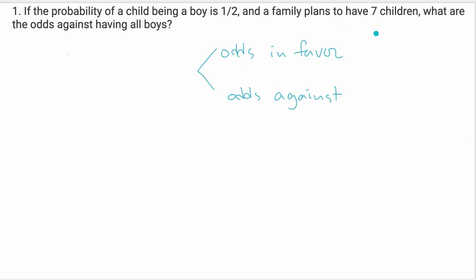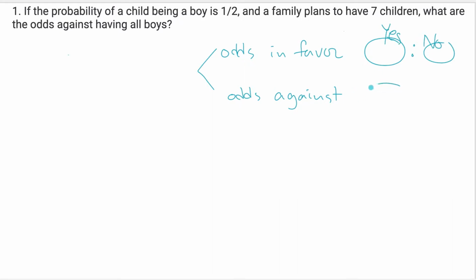Odds in favor means the event that we are talking about, something that will happen, in favor of that event to not happen. Okay, so will happen, I will just say yes to no ratio.